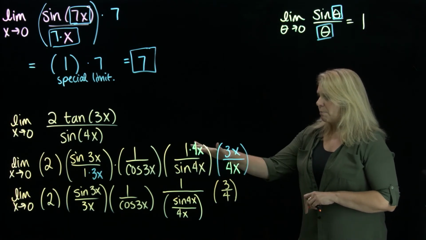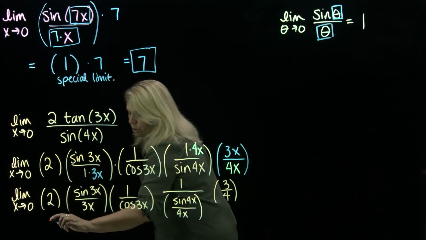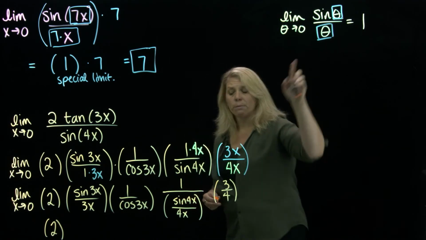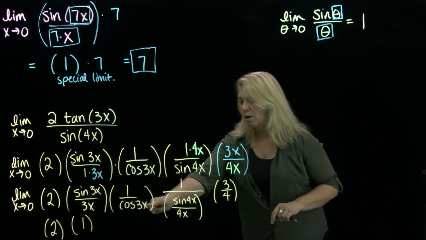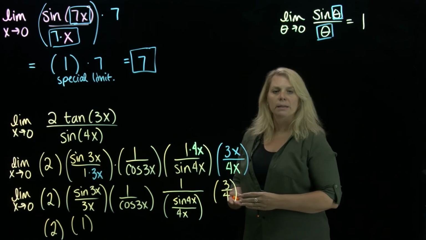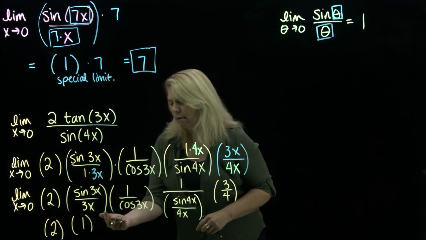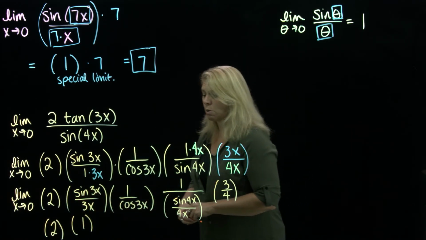Okay, at this point we should be able to go ahead and evaluate this limit. So as x approaches 0, 2 approaches 2. This is our special limit form, so this part here approaches 1. 1 over cosine of 3x, I said that out loud, but didn't write anything down at the beginning of the video. As x approaches 0, cosine of 3x will approach cosine of 0, which is 1.